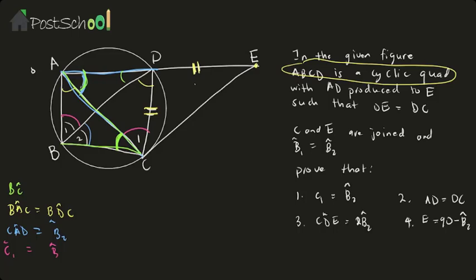So you'll say BCA will be equal to this one, which will be ADB. That's how you will measure the angle. So this is all based on angles subtended by the same arc.